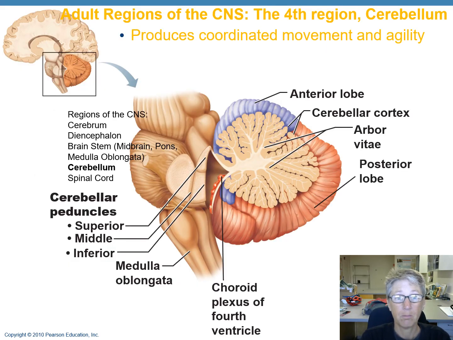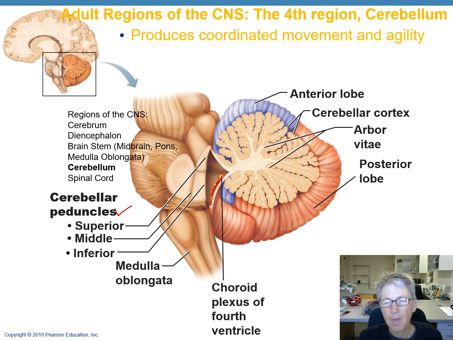This looks like not quite a mid-sagittal section through the cerebellum, but there are a lot of structures in the cerebellum. We don't have to know all of them for the test. There's cerebellar peduncles. There's this choroid plexus of the fourth ventricle, just on the periphery of the cerebellum.